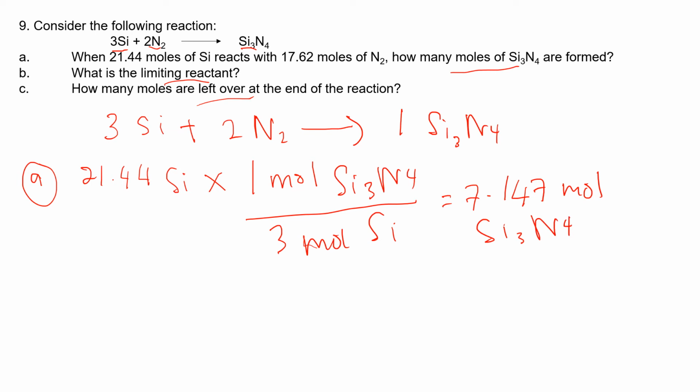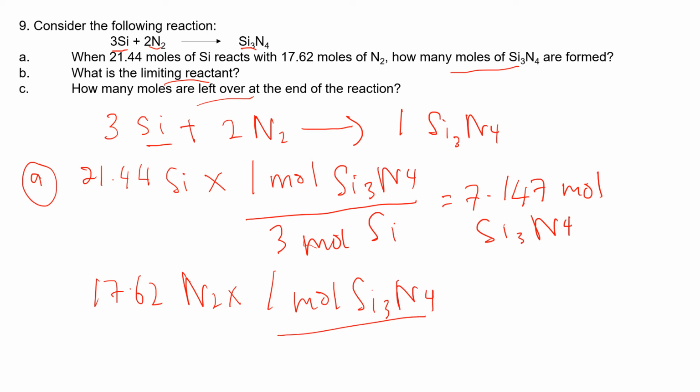Okay, so kita buat satu-satu. First, kita buat the first reactant, silicon. And then kita calculate pula daripada nitrogen. So yang kedua, 17.62 moles of nitrogen times with 1 mole Si3N4 divide with 2 moles nitrogen.